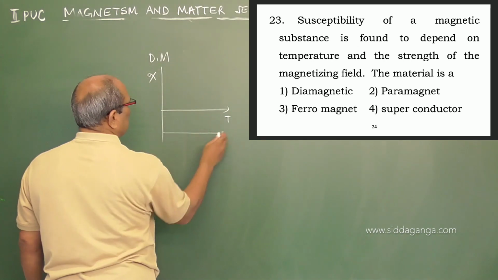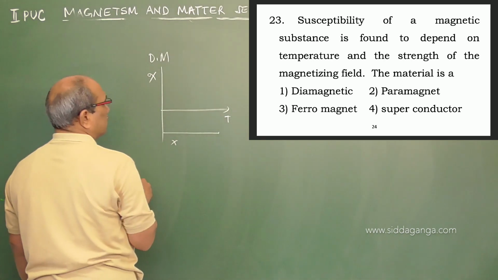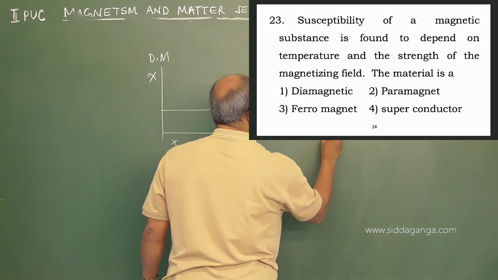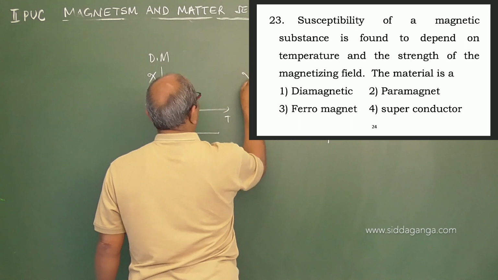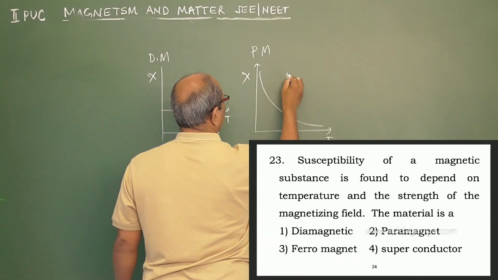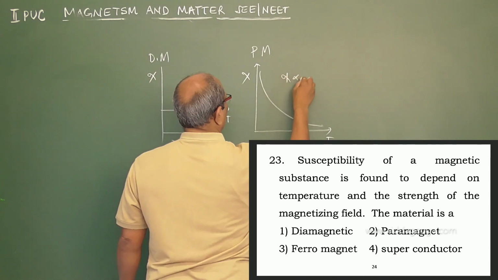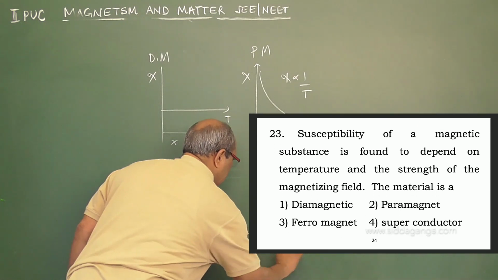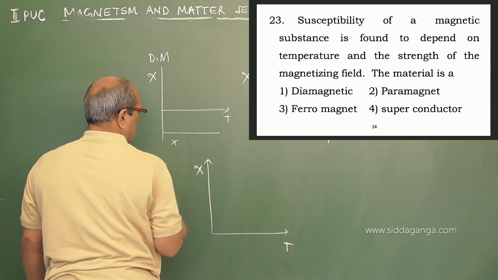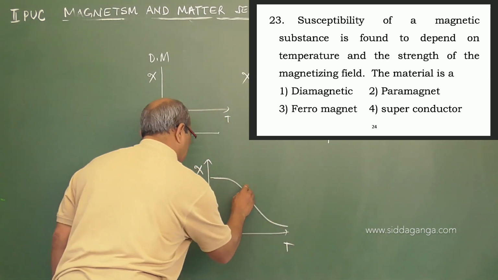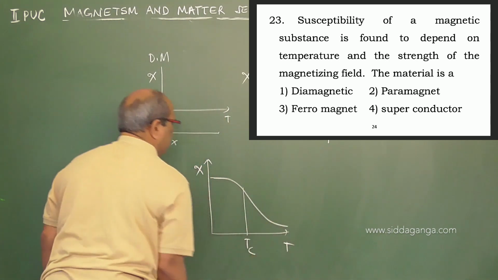In a paramagnetic substance, using the Curie-Weiss law, you get a curve like this, where susceptibility is inversely related to the temperature. Whereas in the ferromagnetic substance, it is almost constant and goes on decreasing after a particular temperature called the critical temperature.